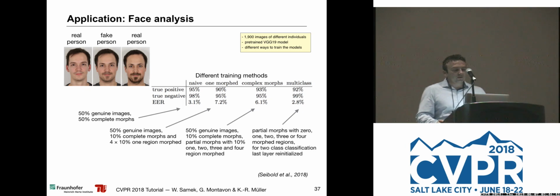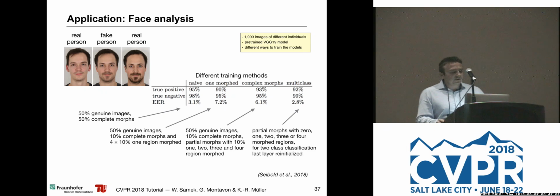And what we did is we trained different models, or we compared different ways of training. So in the first case, we just trained a model on morphed faces, so fake faces, and faces which are real. Okay? This is the naive one.